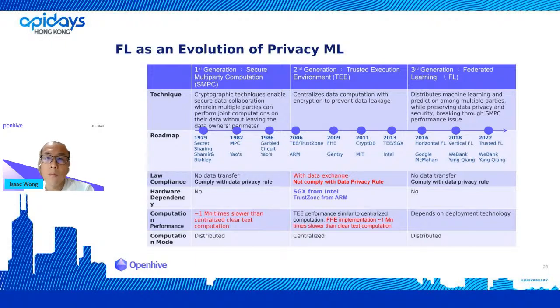So it has blended different types of technologies like SMPC and homomorphic encryption altogether to conquer challenges related to law compliance, hardware dependency, performance, and also the necessity of putting data together or not.